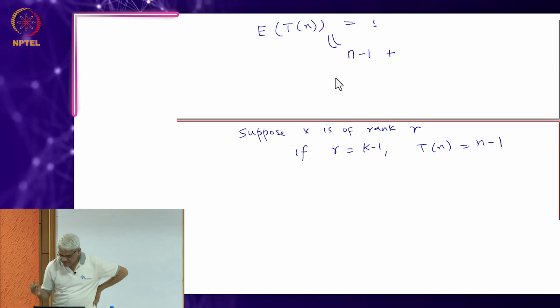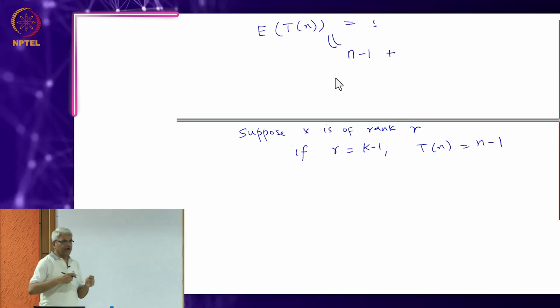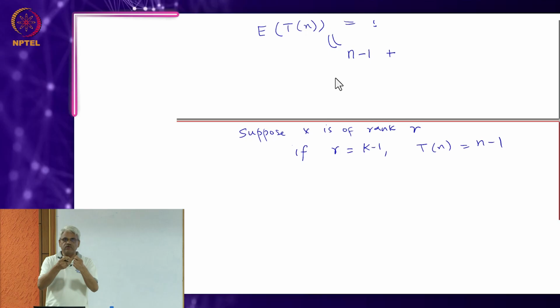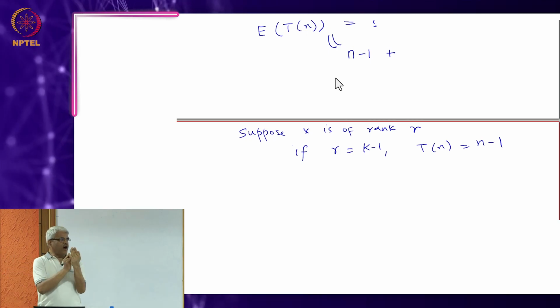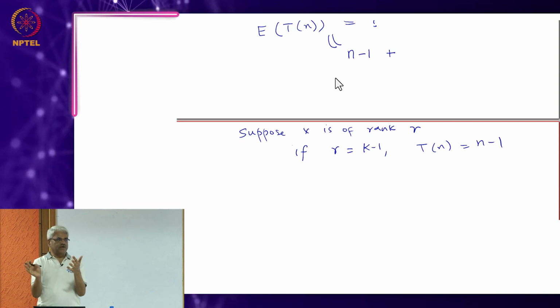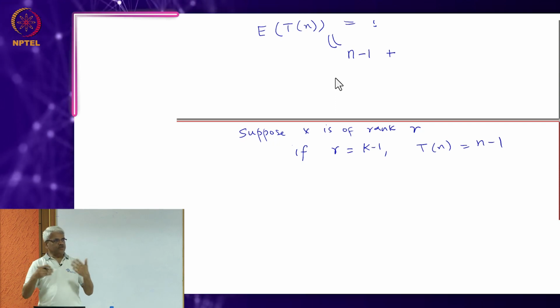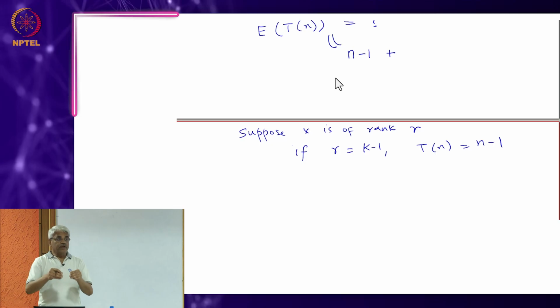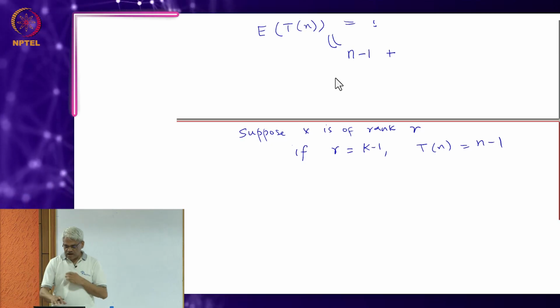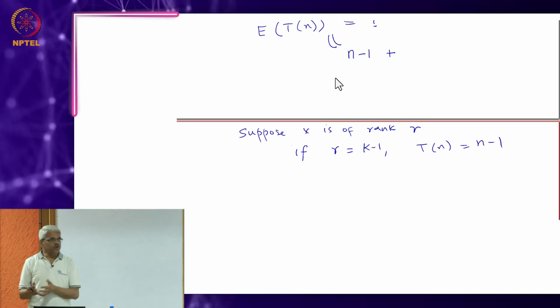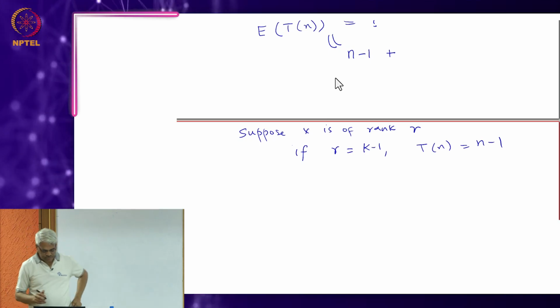N minus 1. That is all, right. What I want to do is, for different values of R, remember we are going to do averaging. So, for different values of R, I have a performance measure of the running time, I will average over all that, weighted by the probability that R will take that value, okay. So, if R is k minus 1, there is nothing more to do except that first step and we are done, okay.